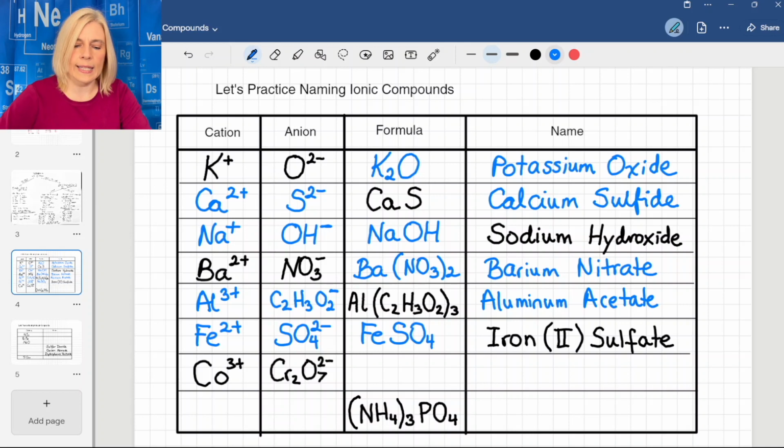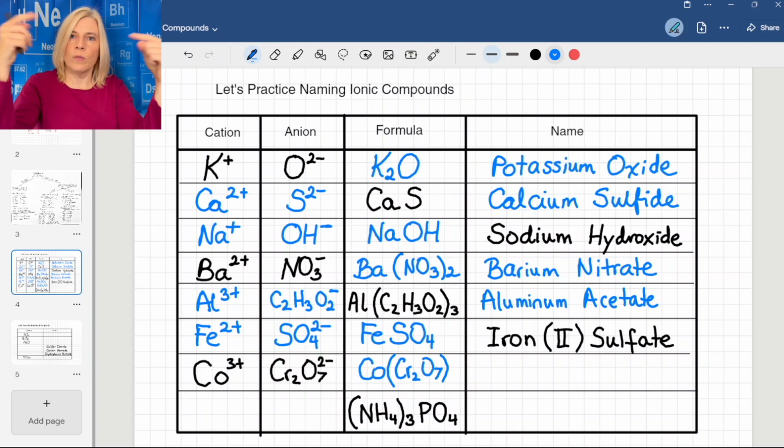Okay, next example, we have cobalt, and that's our transition metal. Remember, cobalt can be 2 different oxidation states, so I have to write my Roman numeral. And this is now dichromate. So we will have cobalt, and we need a parenthesis. Okay, remember our trick?